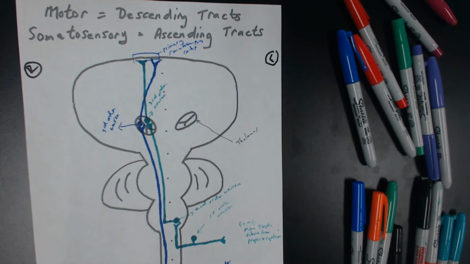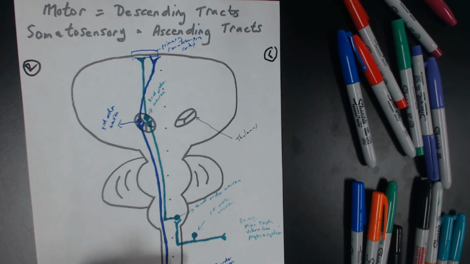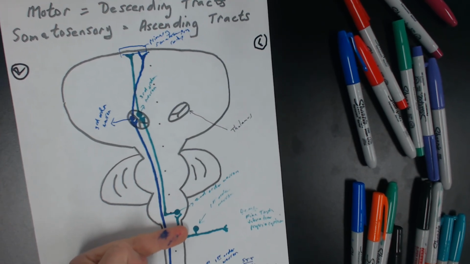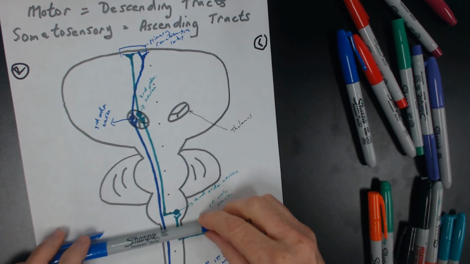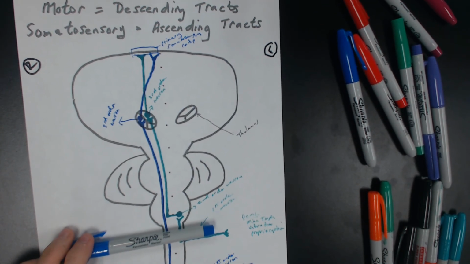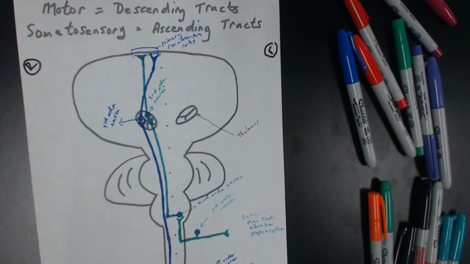If I understand your question correctly, if I have a lesion right here, it's going to make a difference. You'll see what I mean when we get there. Okay? Yes, that's the big picture.